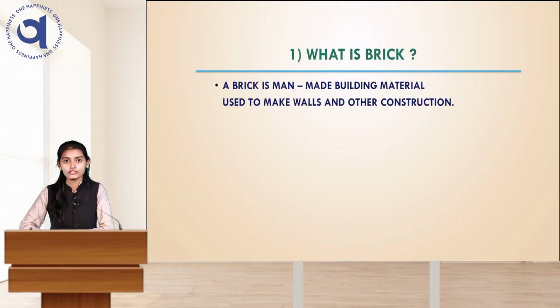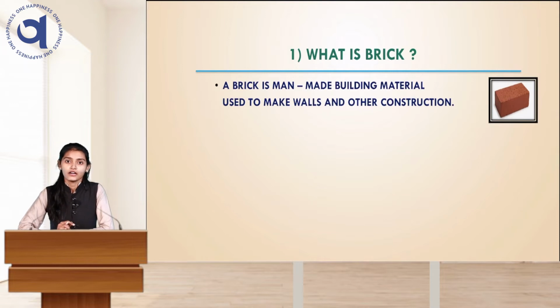Here you have first definition of brick. A brick is man-made building material. It means it is a man-made thing. It's not a natural thing. It's made by human. Like I, like you, we are human, right? So it's made by human. I don't mean that I made it, but yes, it is man-made building material used to make walls.